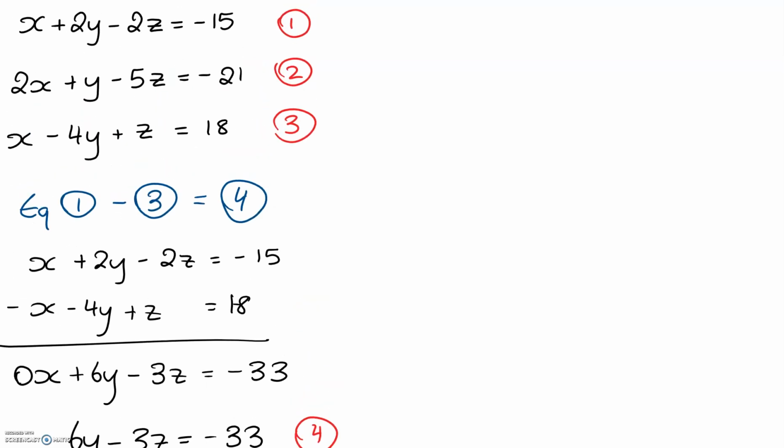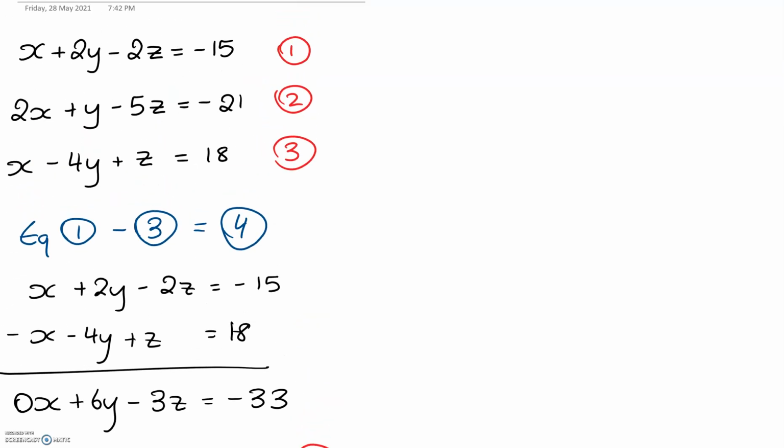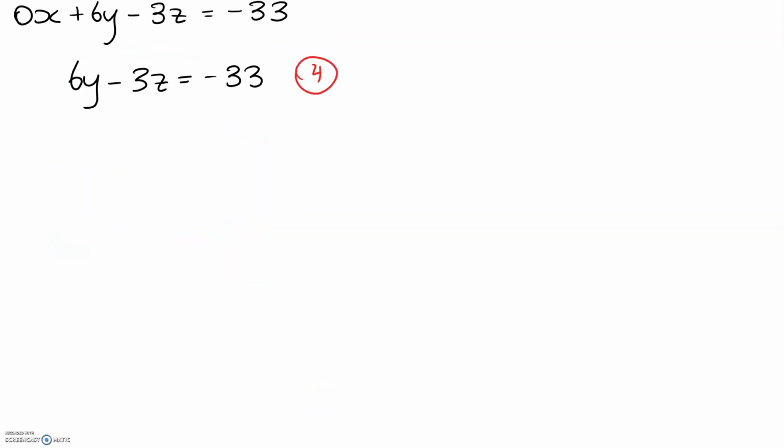Now I'm going to get rid of the x from equation 2. But I'll actually have to multiply equation 1 by 2. So the way I'll do this is 2 times equation 1 minus equation 2, and that will equal equation 5.